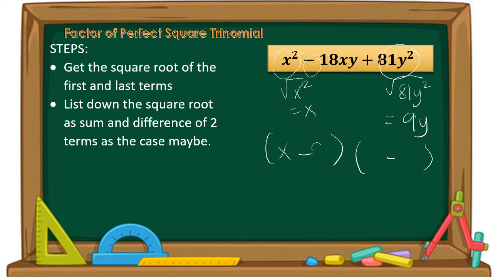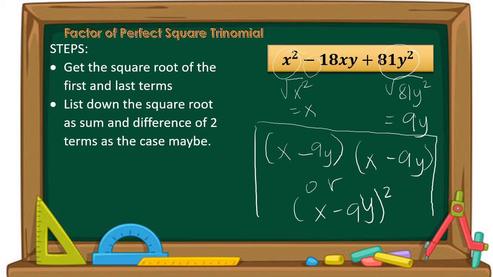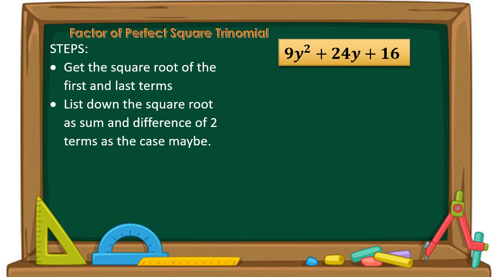So x minus 9y, and we have x minus 9y. Or simply we can say the square of x minus 9y. So here's the answer.